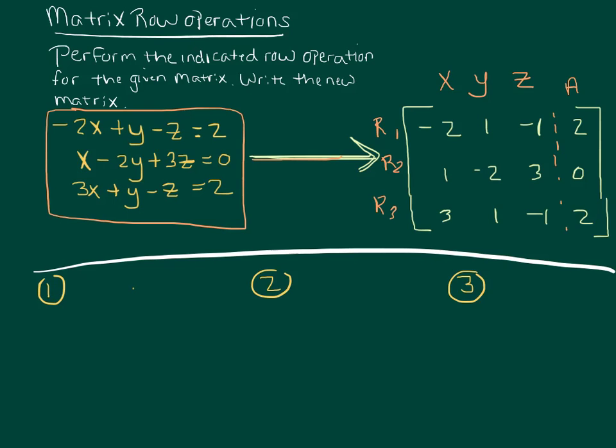Now I'll talk more about what our goal is in the long run in another video, but for now I just want to get some practice with notation and what I mean by row operations. So row operations really just means adding rows together to produce new rows, or replacing old rows with new rows when you add them together or multiply and add them together.